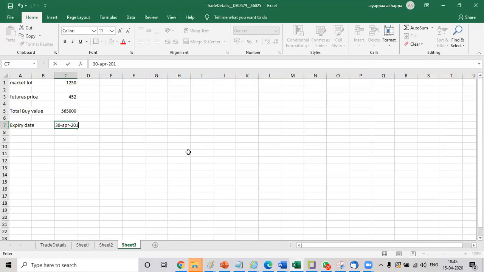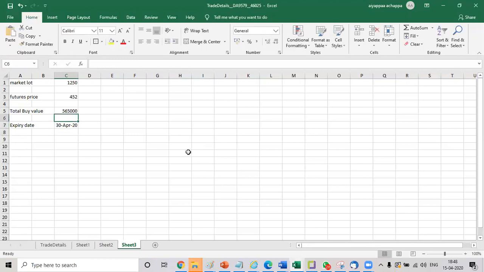So what the exchange tells you is that anyway, you're not getting the shares immediately. You don't have to pay the full 5,67,000. Just pay a margin of, let's say, 35%. So you just have to deposit 5,65,000 into 35%, 1,97,000.